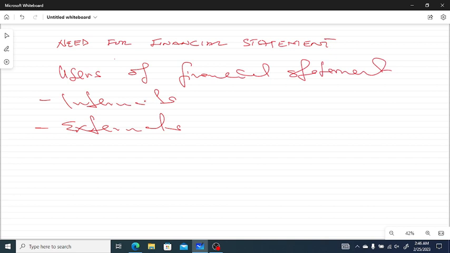The internal users of this financial statement are the stakeholders that are within that entity or business. Let's say the owners of that business, managers, employees; these are all internal users of the financial statement.